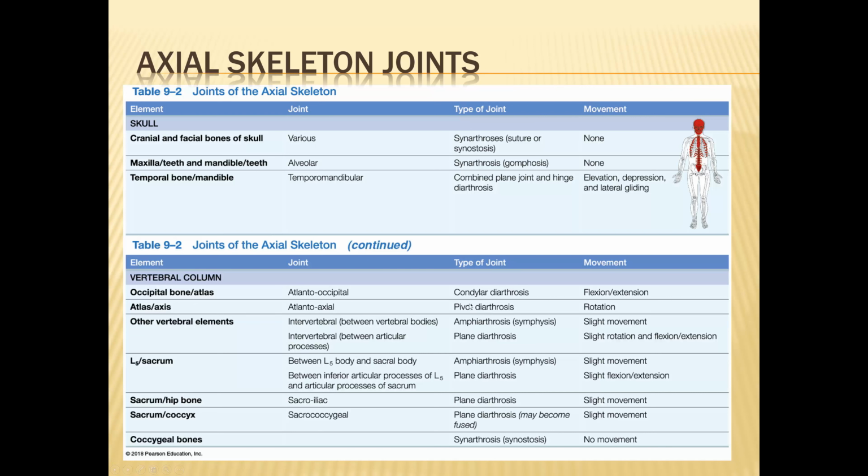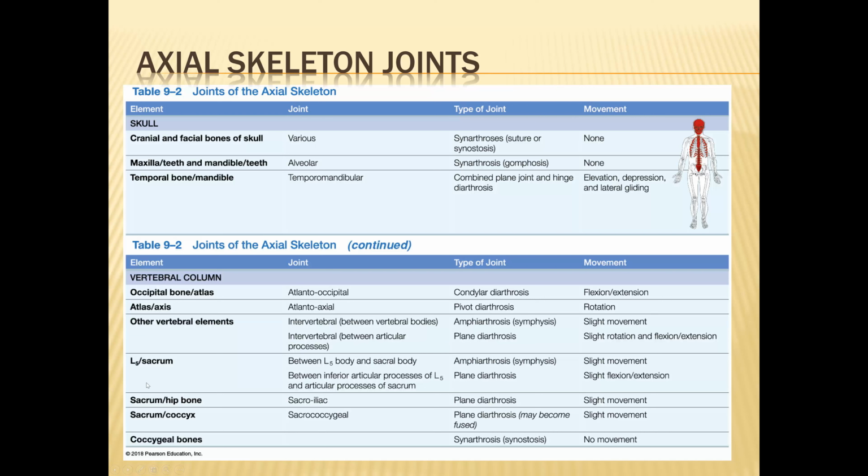This is that pivot that allows you to rotate your head left to right like you're saying no. Then we talked about the other vertebral elements and how you've got a symphysis, which is that pad of fibrocartilage between your vertebral bodies. And then you've got a diarthrosis, or a synovial joint, that's a type of plane or gliding joint between the articular processes of your vertebrae.